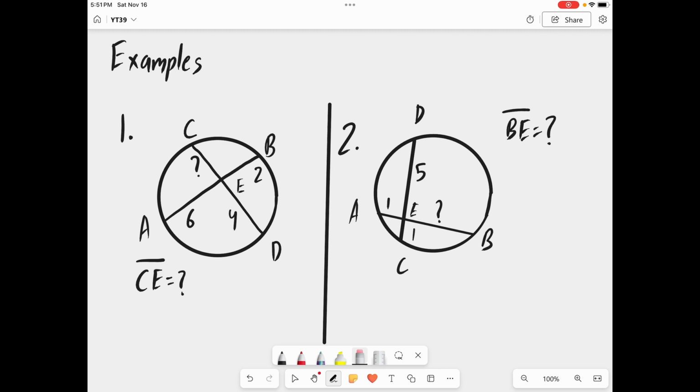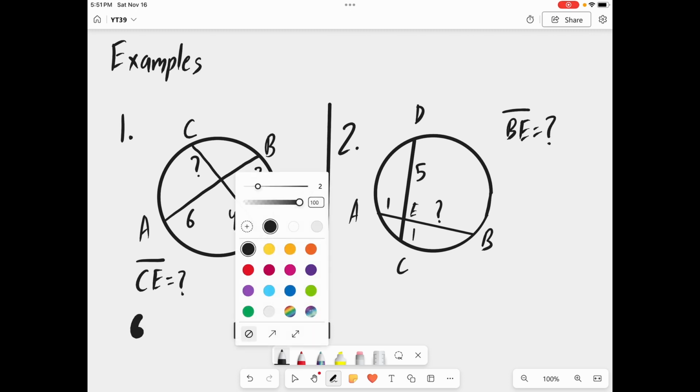So what we have is we want to find length CE, where AE is equal to 6, DE is equal to 4, and BE is equal to 2. So if you remember, AE times BE is equal to DE times CE. So AE times BE is 6 times 2. I accidentally put this on the wrong thickness, sorry.